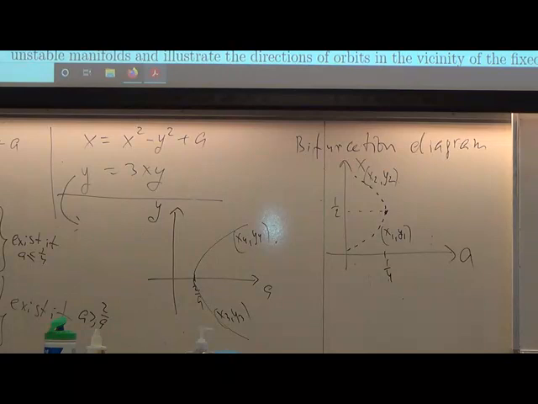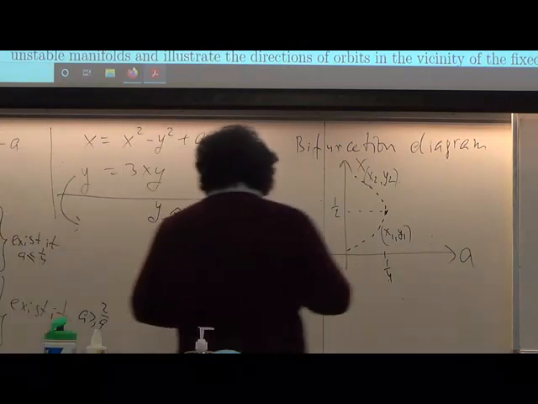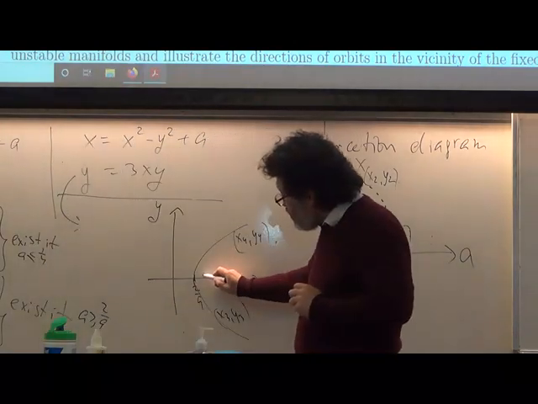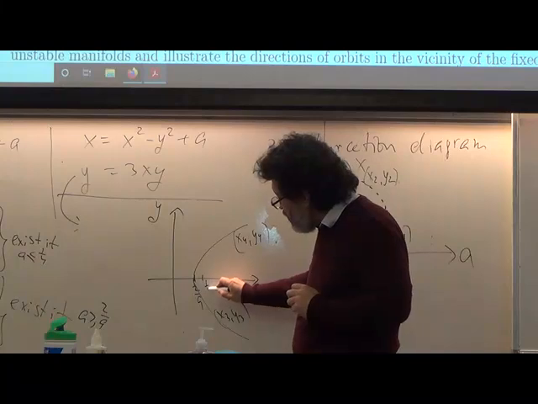What happens if E is more than 2 over 9? How many fixed points do we have? Question. I will put it like this. Quarter is under here. Am I right?